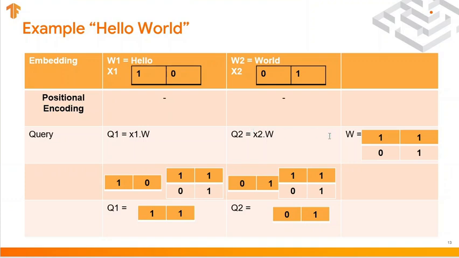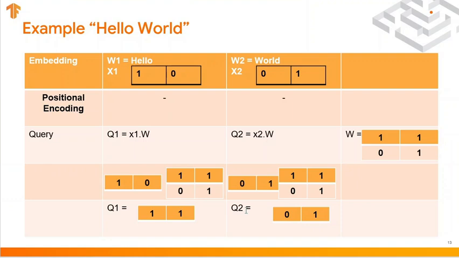So x1 dot product with W, x2 dot product with W. Q1 is 1 1 after applying the dot product, and q2 is 0 1.